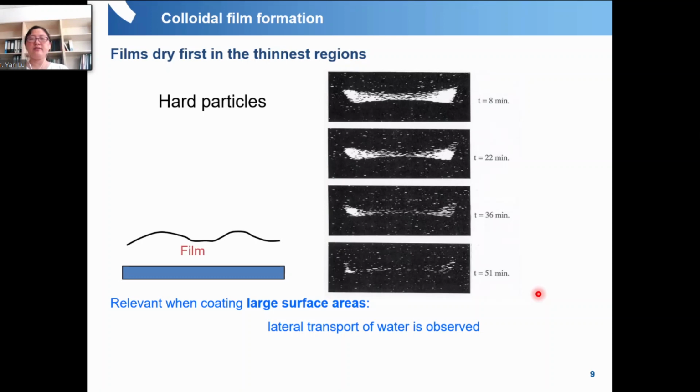And here I just want to say, the flux of water plays a very important role during the drying process. And this also will bring, in the end, the final properties of your films.